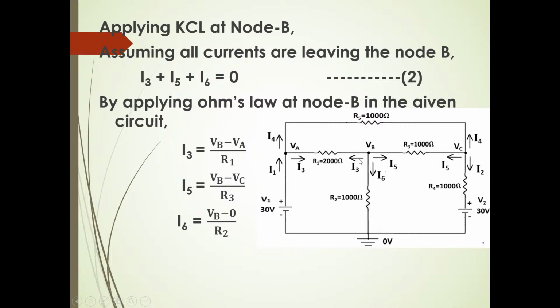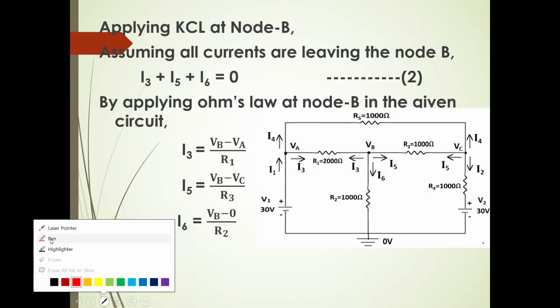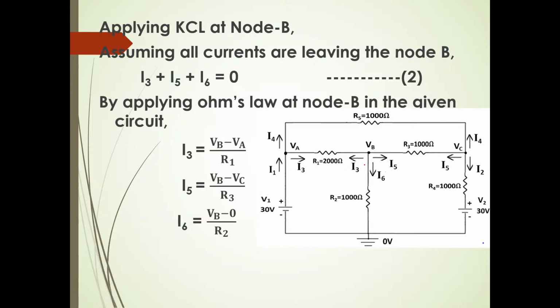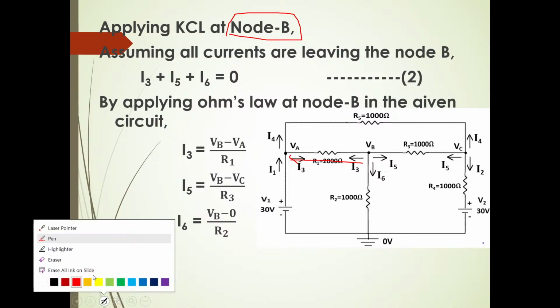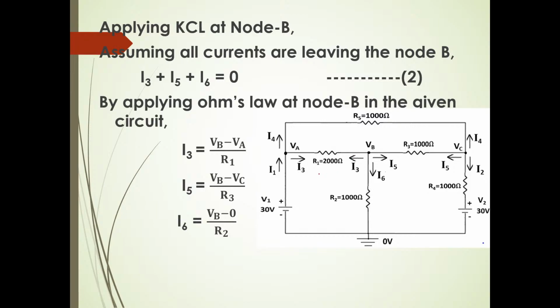We are at node B. At node B, the I3 current travels from VB to VA. The resistance through which the I3 current flows is the R1 resistance. So what is the I3 current value?